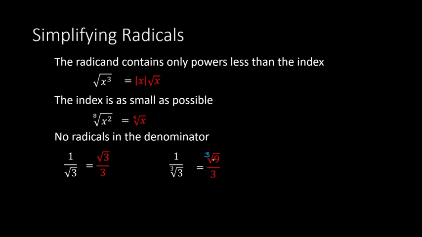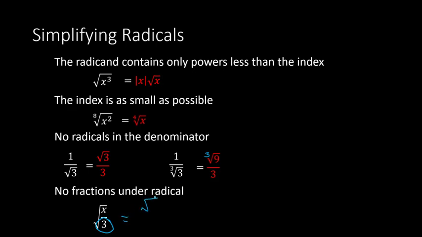Now, again, with fractions, we don't want radicals in the bottom, and we do not want a fraction itself under a radical. So for example, we do not want the square root of x over 3 inside the radical. We do not want this denominator, specifically this 3, inside the radical. So what we can do is separate this.